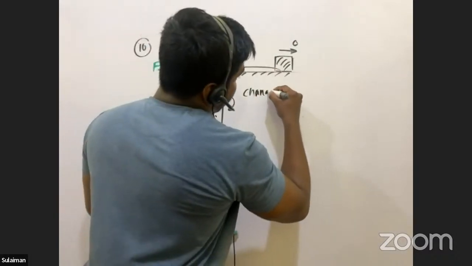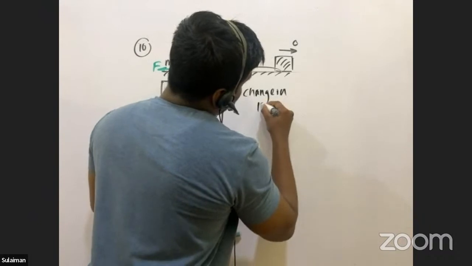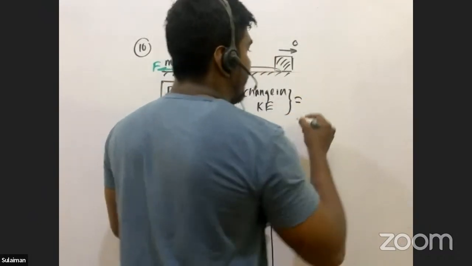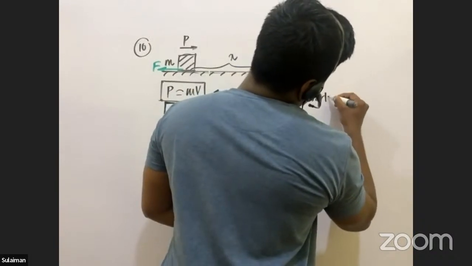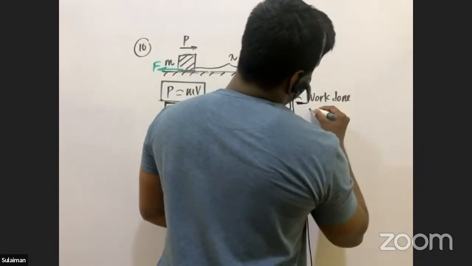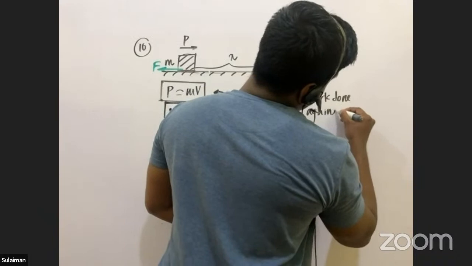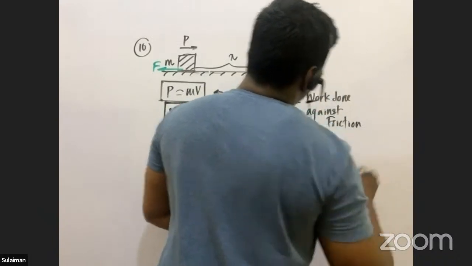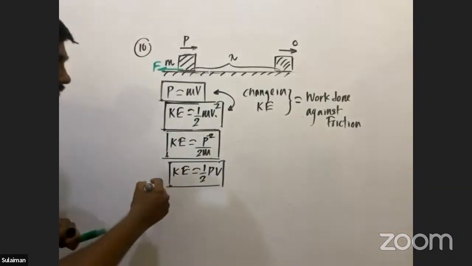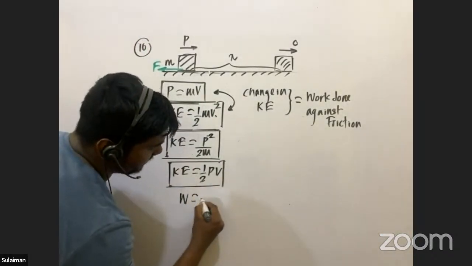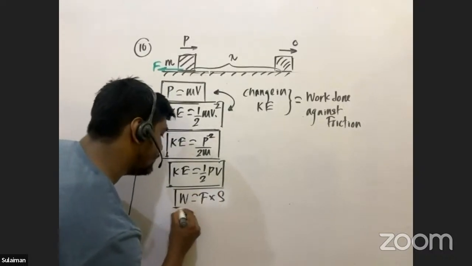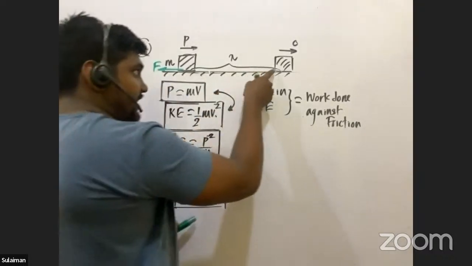So change in kinetic energy equals work done against friction. Now what is the equation for work done? Work done means force into displacement, capital F into capital S. Force into displacement.